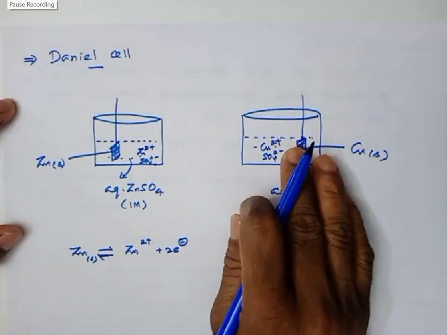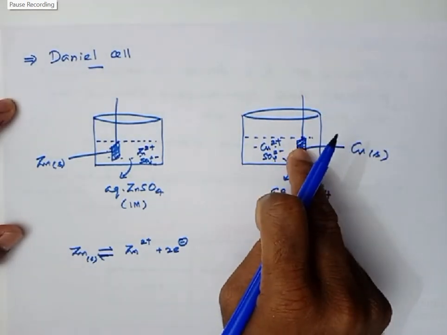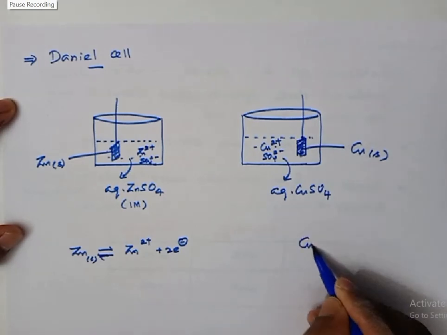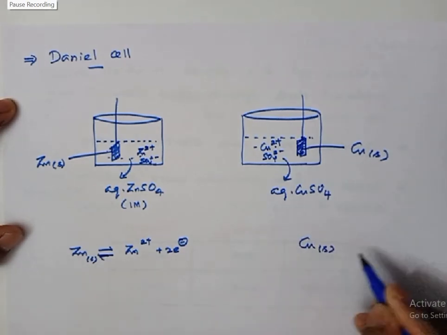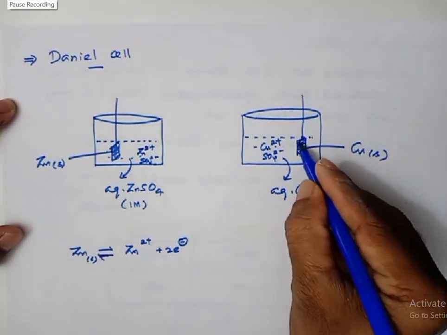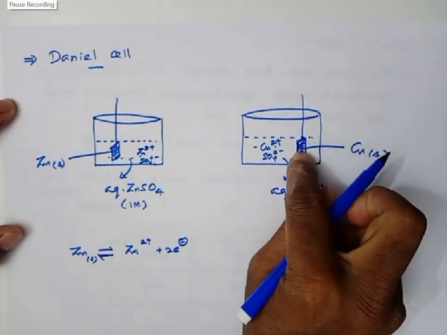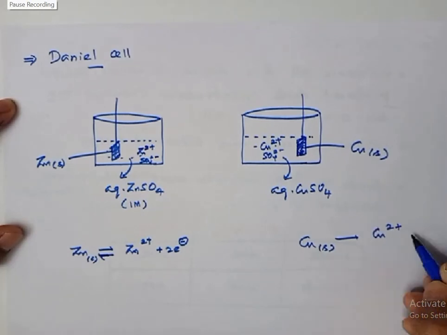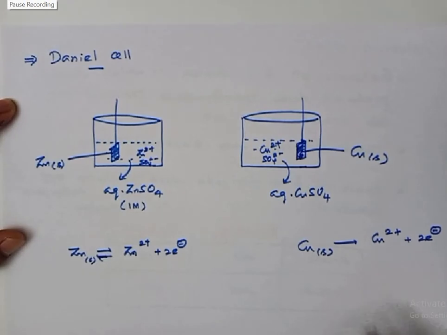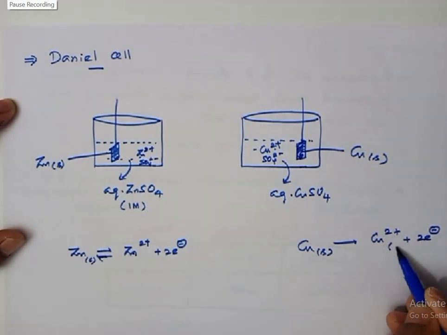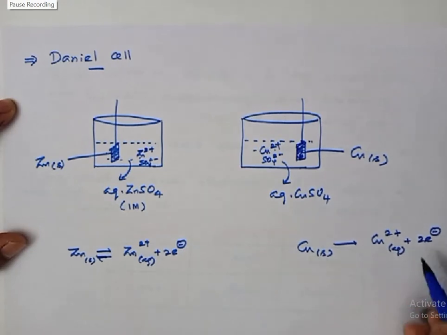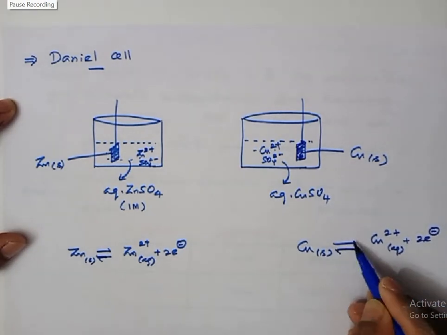What will happen here? The moment you immerse the copper electrode in cupric sulfate solution, as here, the copper atoms present in the metal undergo oxidation, give you cupric ions, and release electrons. And the cupric ions present in the solution, this is aqueous, gain 2 electrons and become copper.